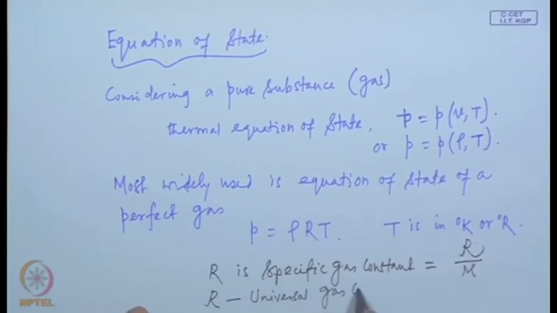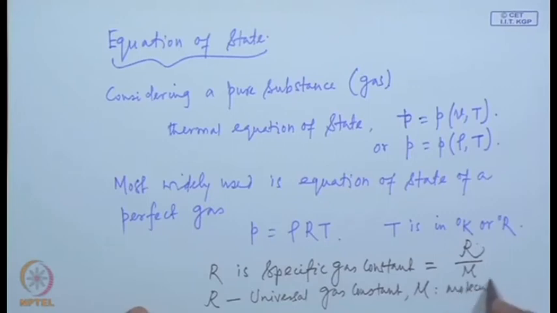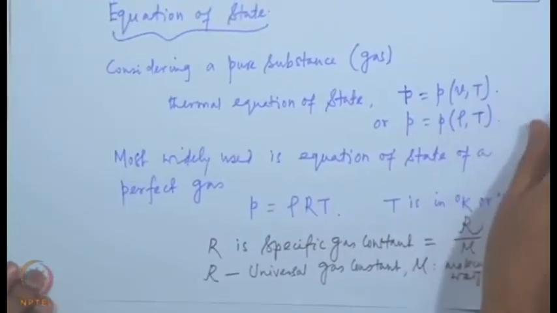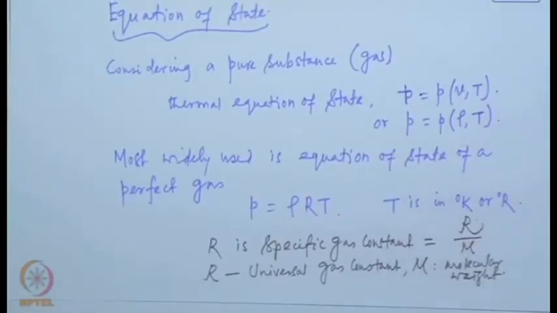Universal gas constant, and m is molecular weight. Now, this equation holds for all gases at low densities, particularly when the temperature is not very large and neither the pressure is too high.